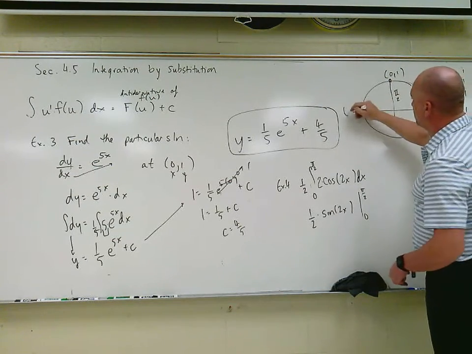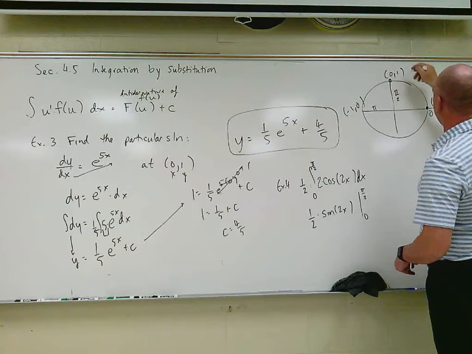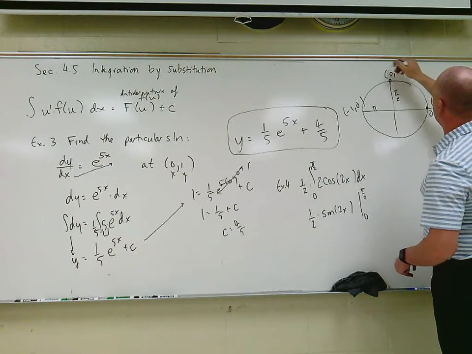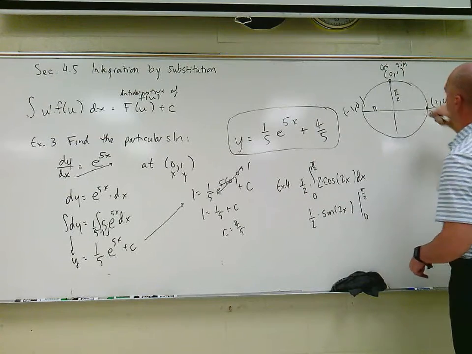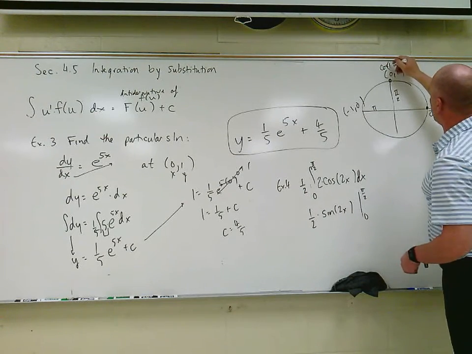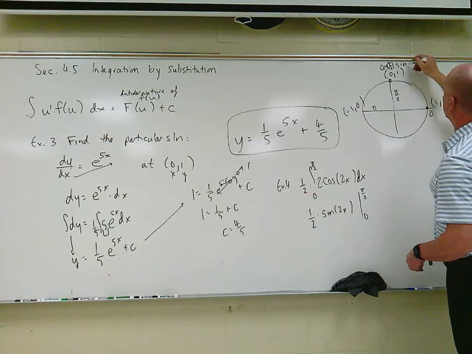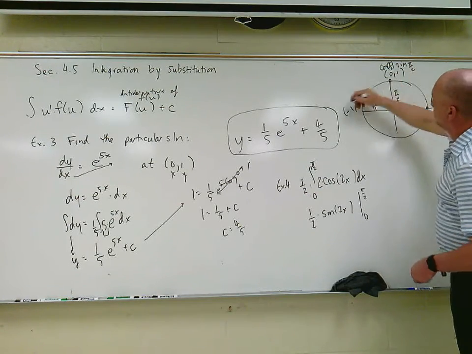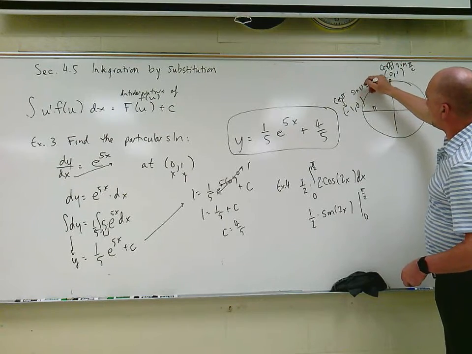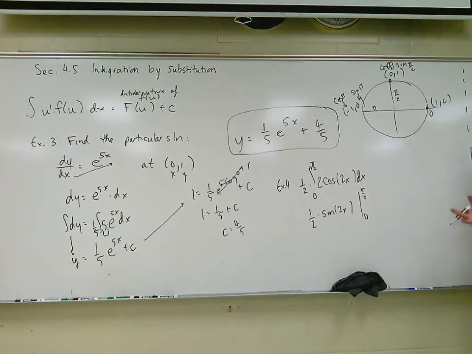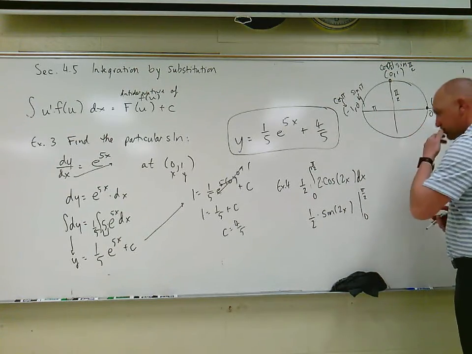So again, we've refreshed you on this several times, that the cosine of the angle is the x and sine of the angle is the y. So if you wanted cosine of pi over 2, it would be 0, sine of pi over 2 is 1. If you want cosine of pi, it's -1, sine of pi is 0. It's always in that order. Cosine of the angle is always the x coordinate, sine of the angle is always the y.